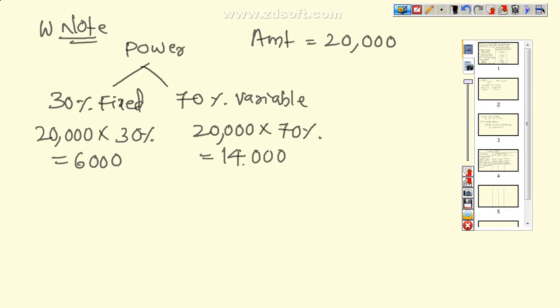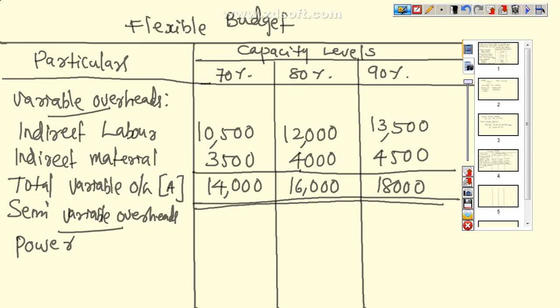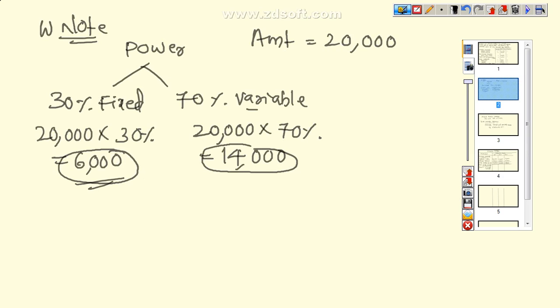Now, what is the rule? In case of fixed cost or fixed expenses, the amount remains constant. But in case of variable, the amount will change according to the change in level of production. So here we have to split this power into two categories, one fixed, second variable. The fixed amount, that we have already calculated, is equal to 6,000.